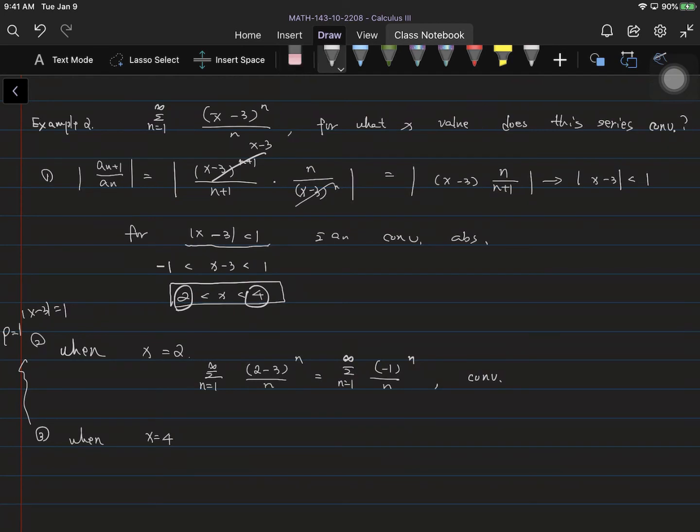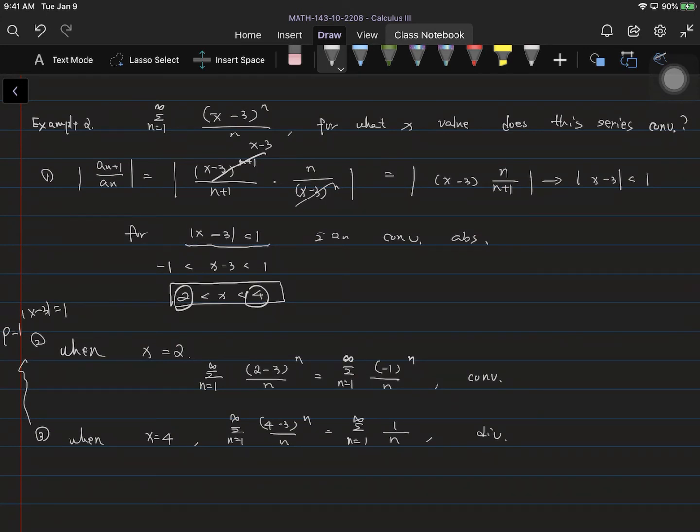Plug into our original series: 4 minus 3 to the n over n, which is 1 over n. 1 to the power n is also 1, right? And we know this is harmonic, divergence.